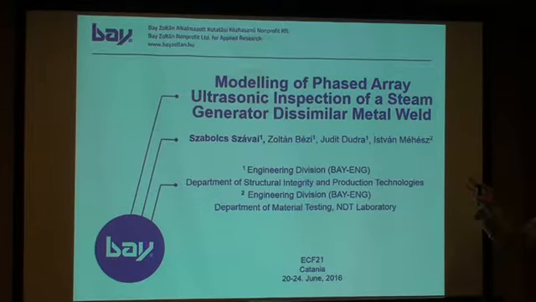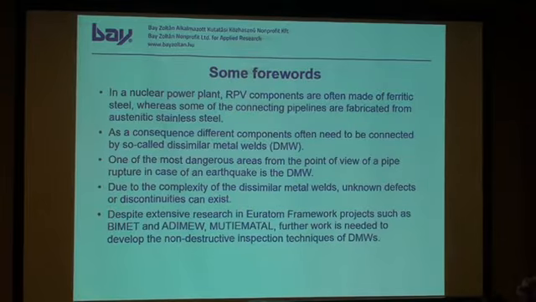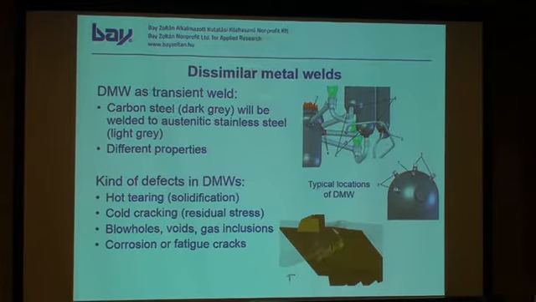So this is why we carried out the simulation. Because if you go into the details, I can switch to this slide. We always have a problem with dissimilar metal welds.